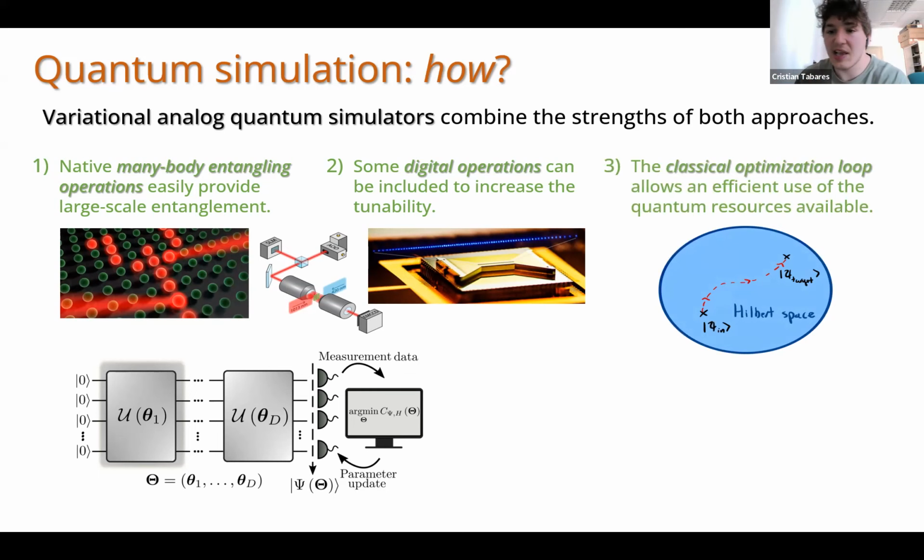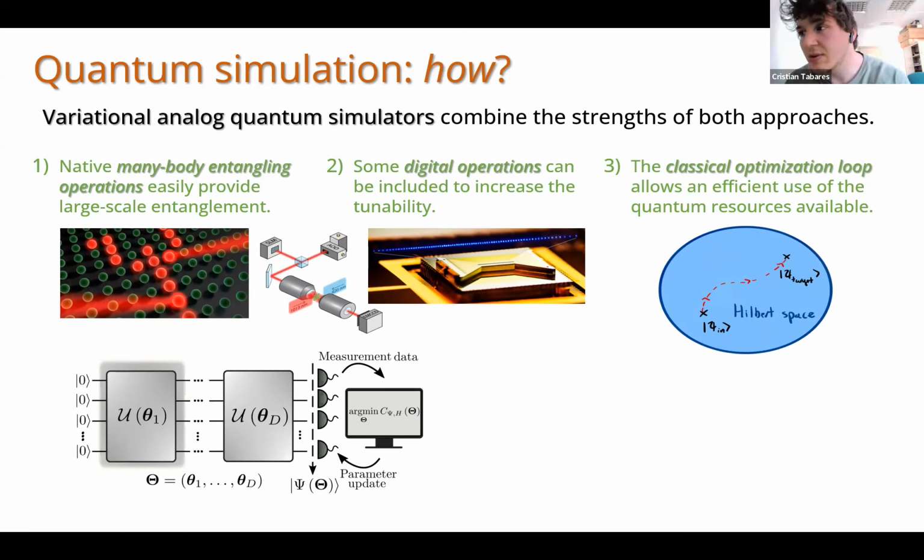In some sense, I like this picture, because it more or less summarizes what we want to do. So we start here, this is the Hilbert space, as you can see. We start with a given initial quantum state, and we want to reach a given target state. This target state can be, for example, the ground state of a certain type of interesting Hamiltonian.